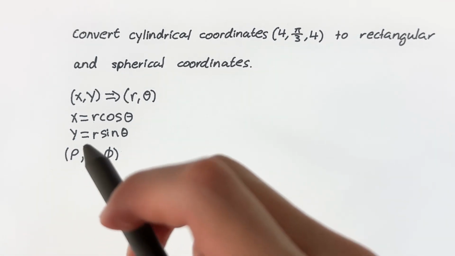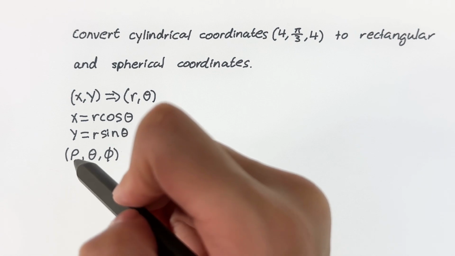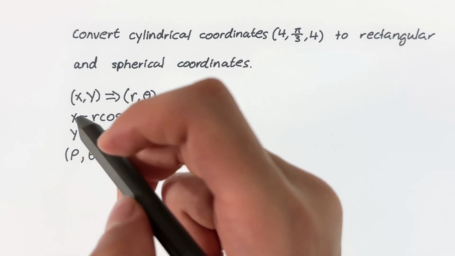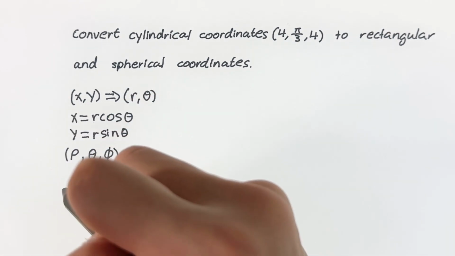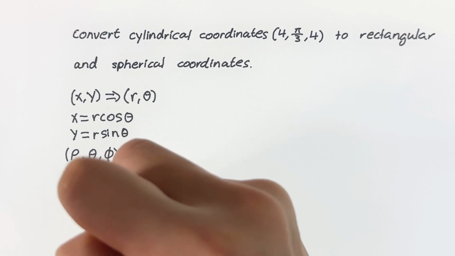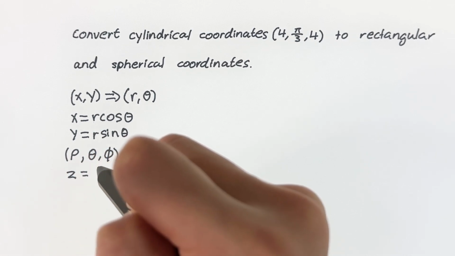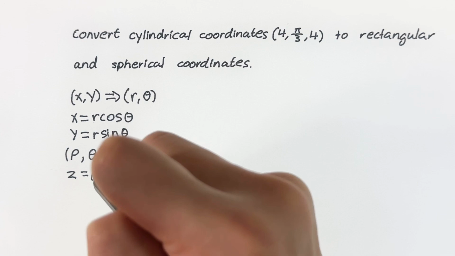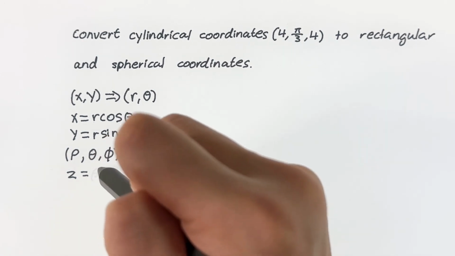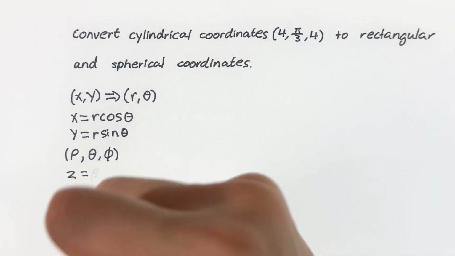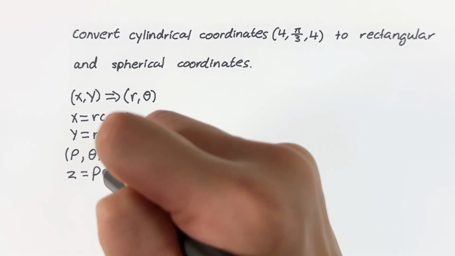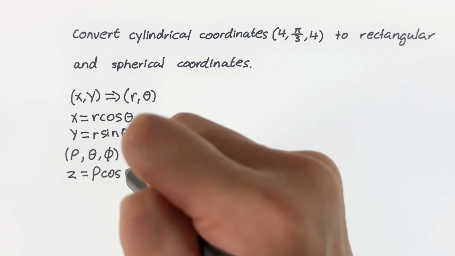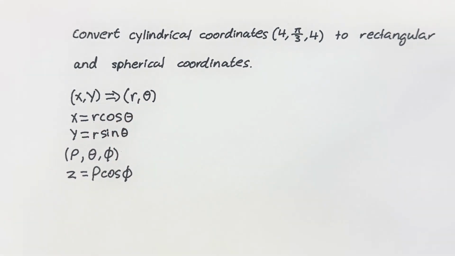So from rectangular to spherical, z equals rho times cosine of phi. And then we can find the other coordinates from there.